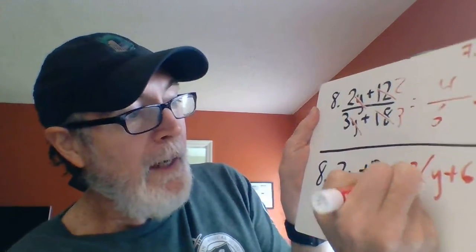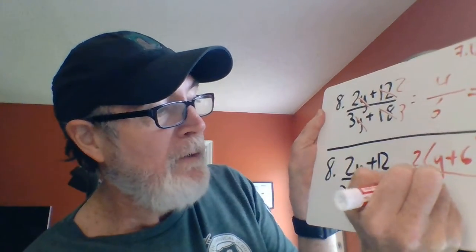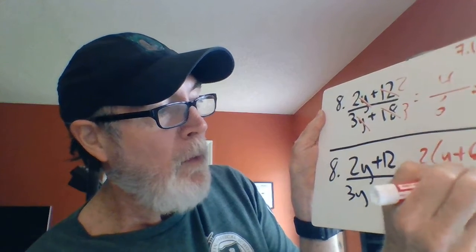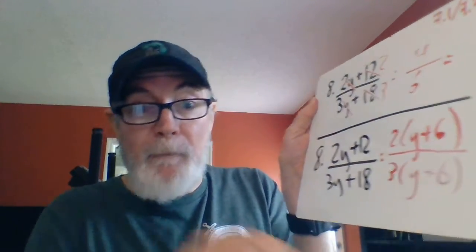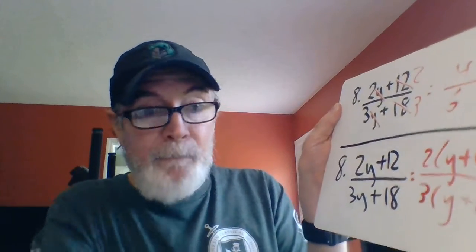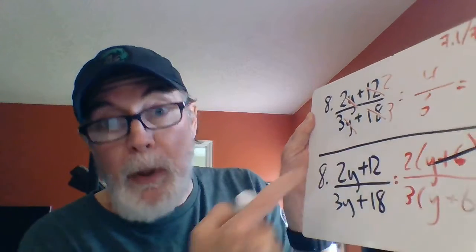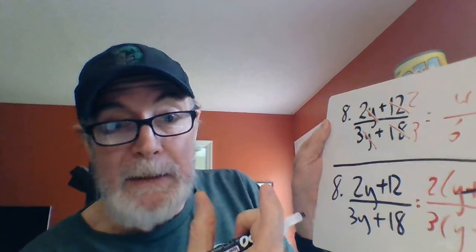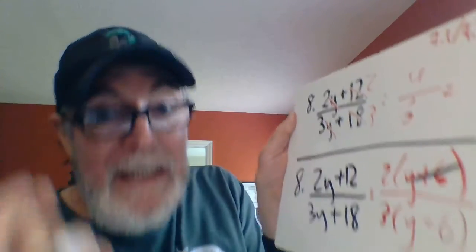And down here, both of these have 3 in them. So if I factored 3 out, y plus 6. Oh, look. Here's some factors. Y plus 6. See, it's a factor. 2 is being multiplied to y plus 6. Not to y and to 6, but to y plus 6.